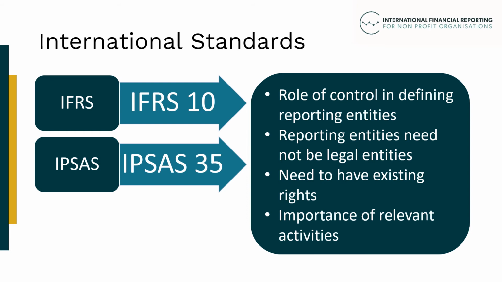Both IFRS 10 and IPSAS state that to have power over another entity, an entity must have existing rights. These rights must give the current ability to direct the relevant activities. Relevant activities are those activities that significantly affect the nature or amount of the benefits that an entity obtains from its involvement.